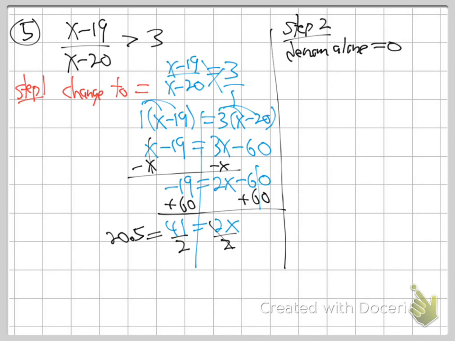So I grab the denominator alone, nothing else, equals 0. So that means x is 20. So we have a 20 and a 20.5 as our two answers that are going to go on the number line. You good with those two steps? So step 1, I change to equals and solve. Got x alone. Step 2, denominator alone equals 0.